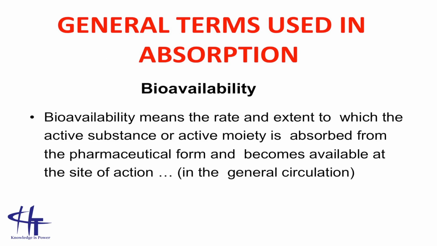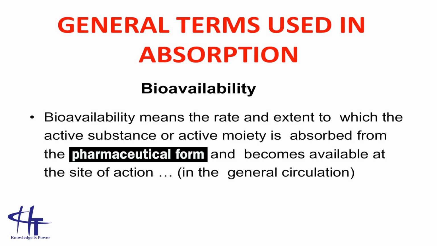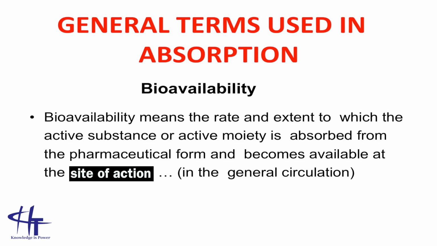Now this is the measure of the extent to which the active drug ingredient is basically absorbed from what we refer to as the pharmaceutical form of that active ingredient, and then it becomes available at the site of action.